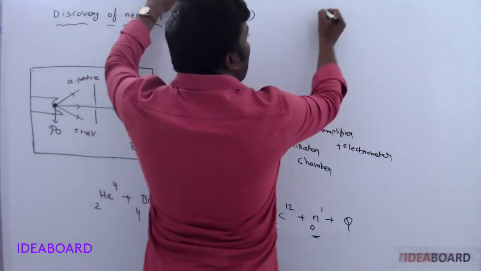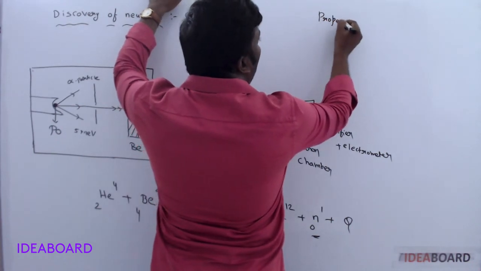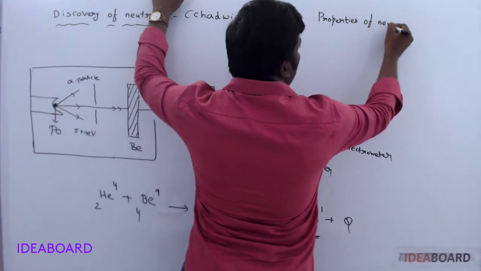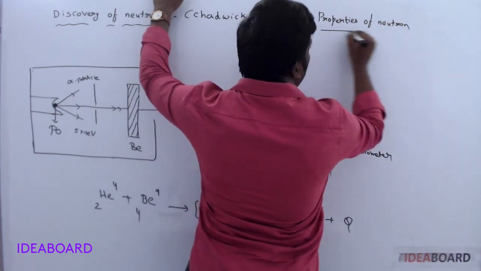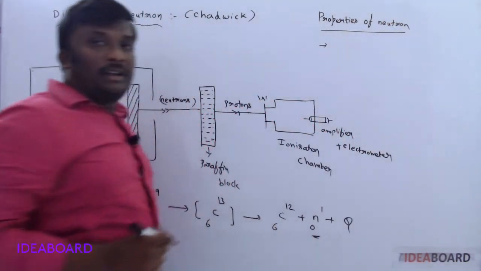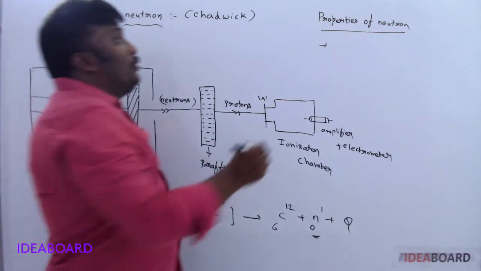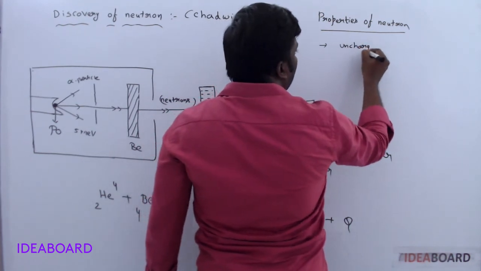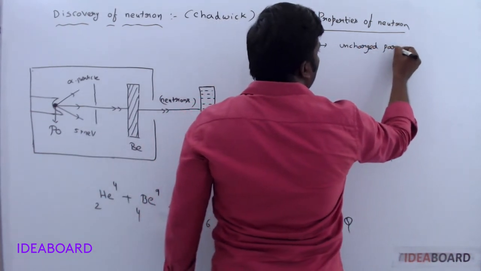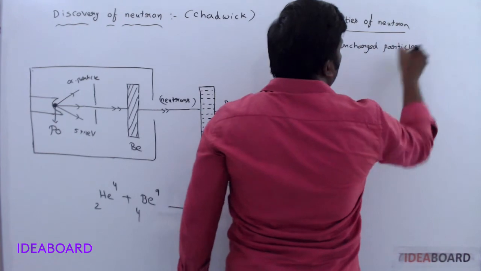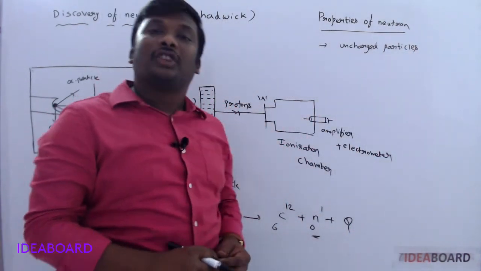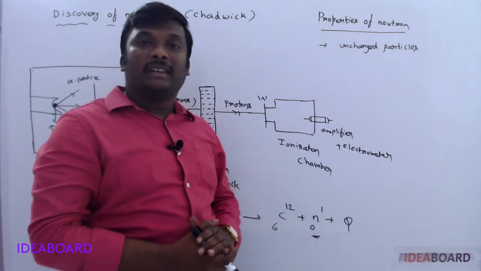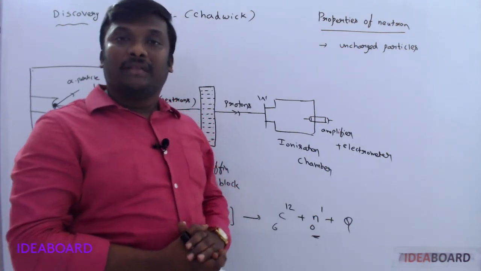Now let us discuss the properties of neutron. The first property, neutrons are uncharged particles. So whenever they are uncharged particles, they are not affected by electric and magnetic fields.